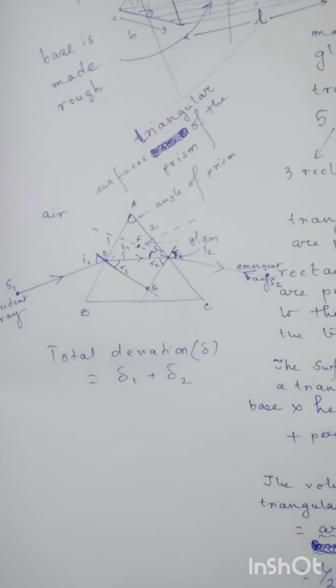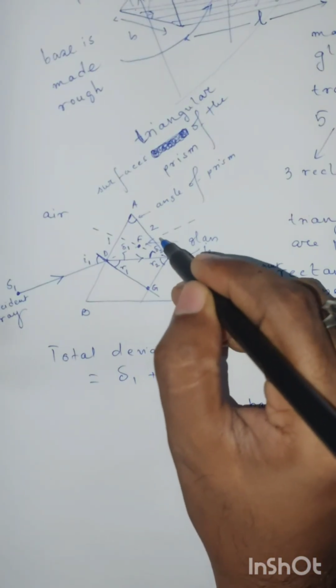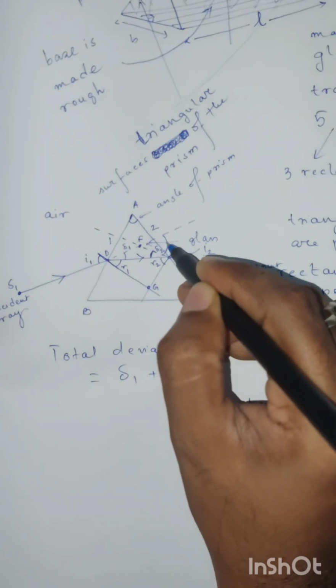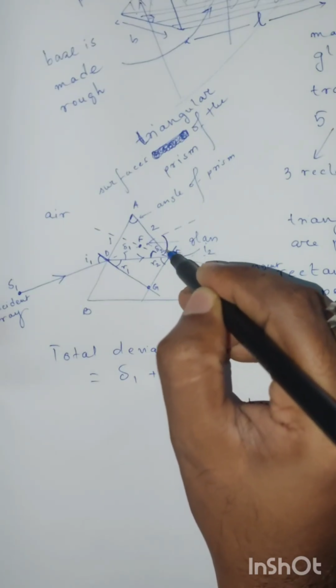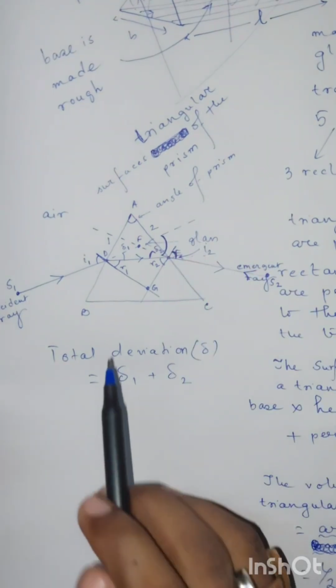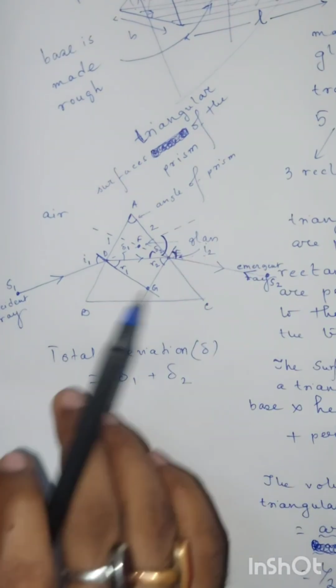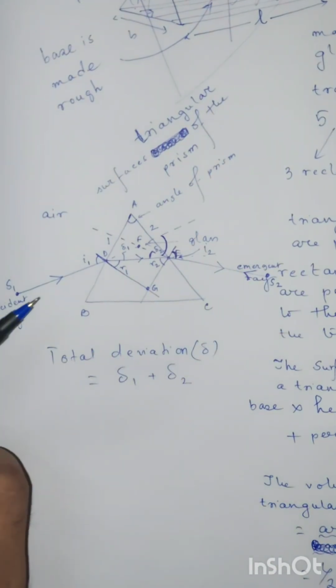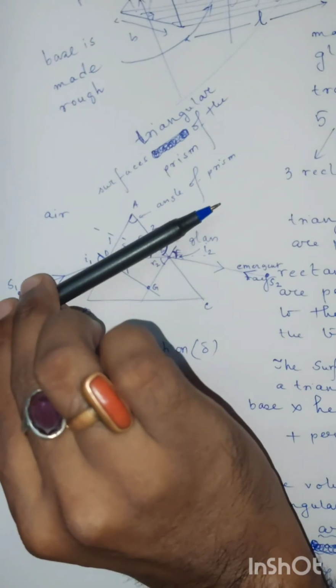If we show the total deviation in the diagram, this is this angle. The ray, in absence of this prism, should go like this.